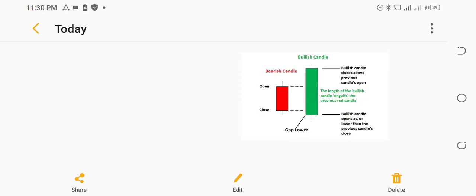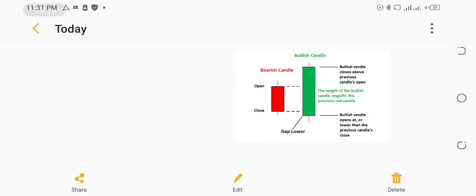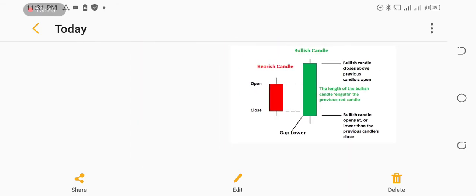Once you spot a candlestick format like this, the next thing you should expect is for the market to buy. Remember, when we say bullish engulfing, the body of the bullish candle is supposed to be bigger than the bearish candle. That's why it is being called engulfing. It is covering the previous bearish candle.